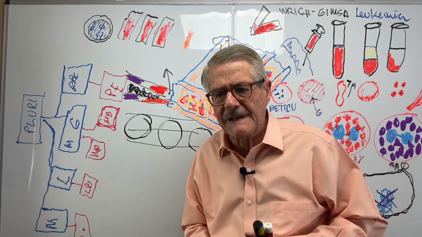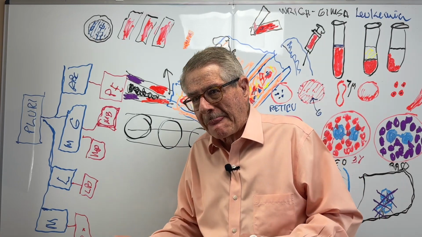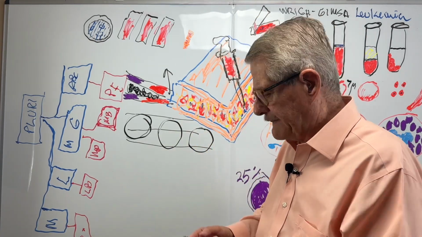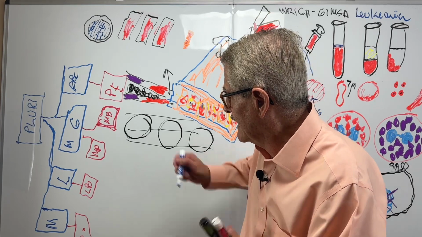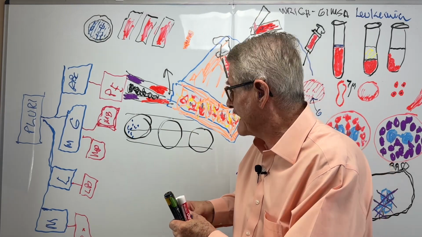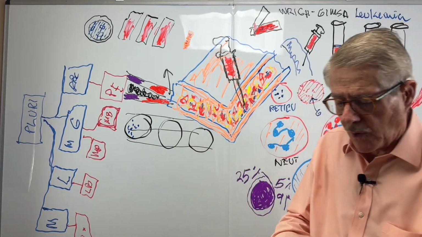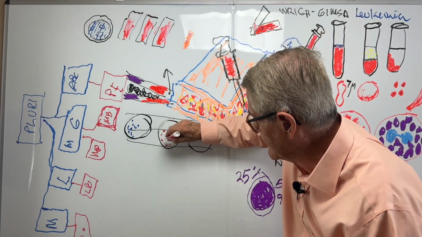What is the difference between them? Not very marked, but for example, here we have azurophilic granules at the beginning, and we have more specific granules, either red or blue or neutral, in the myelocytic series.